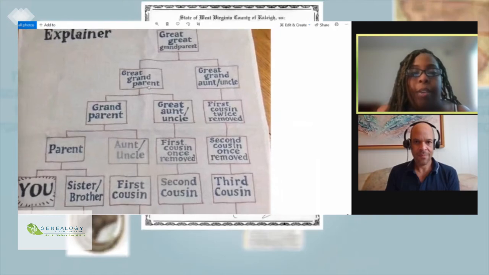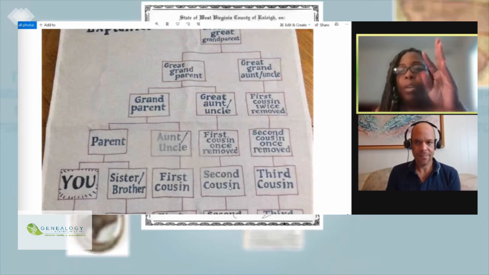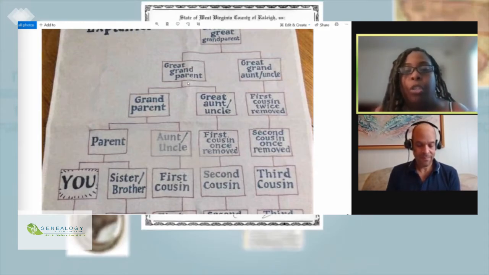Under the great grandparent, it starts your second cousins. It's literally like counting. When you go to your great grandparents, you know that it's second cousin, because it's the siblings of your grandparents' descendants.